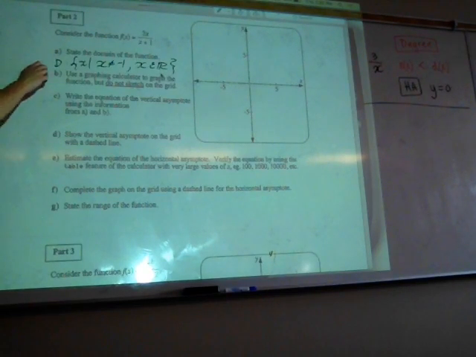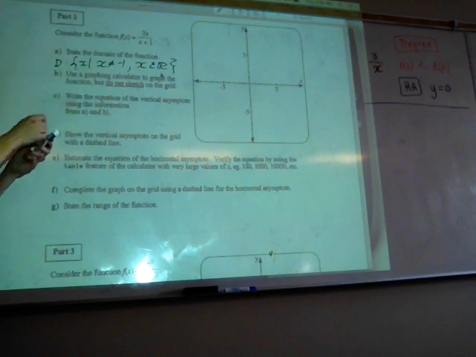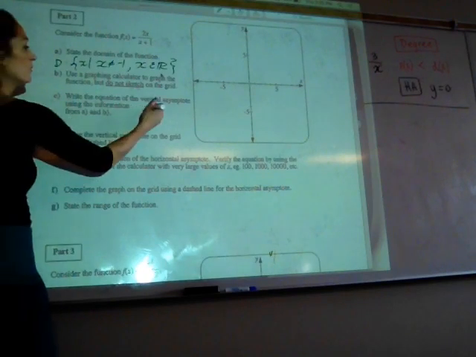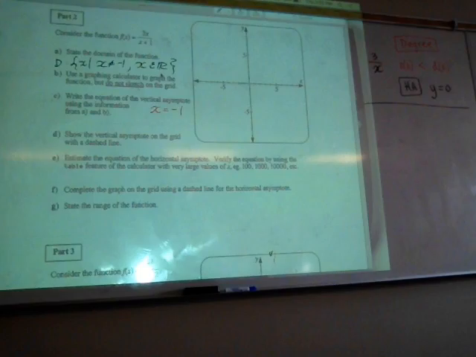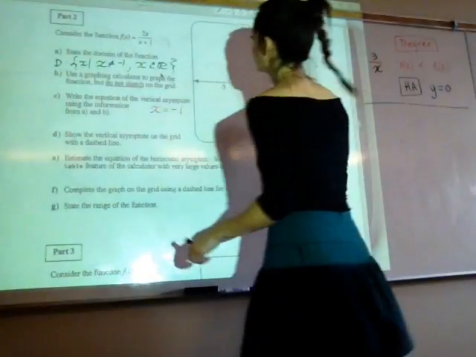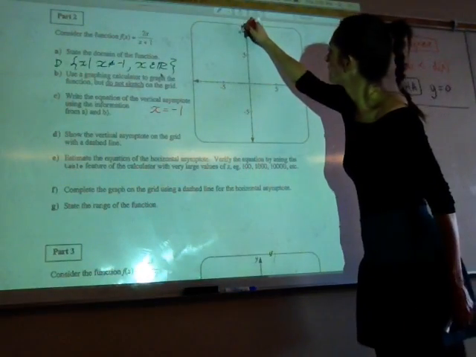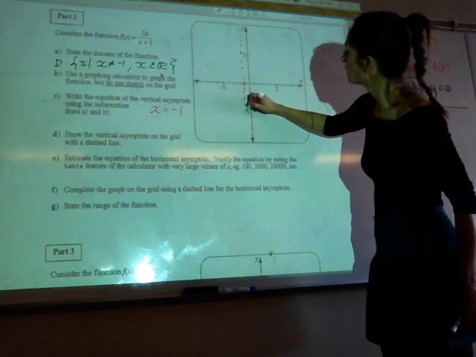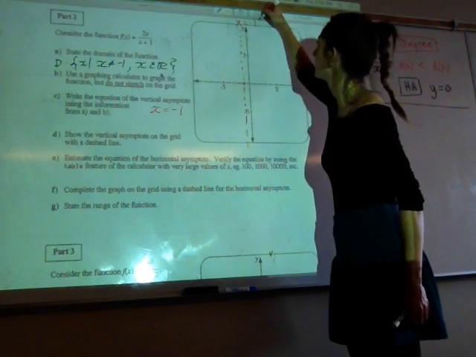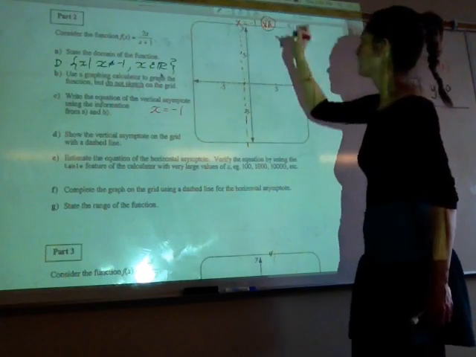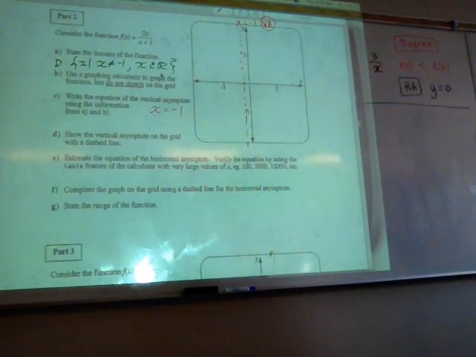So if that's our restriction on the domain, our vertical asymptote in part C will be the equation x equals -1. And let's put that on our graph. Okay, our vertical asymptote is at x equals -1.